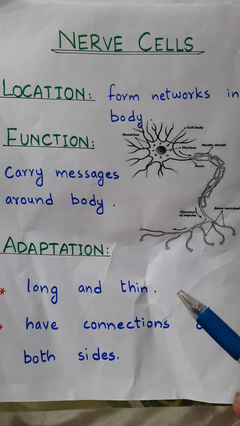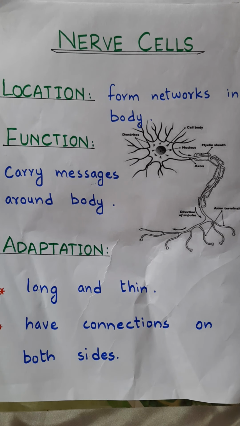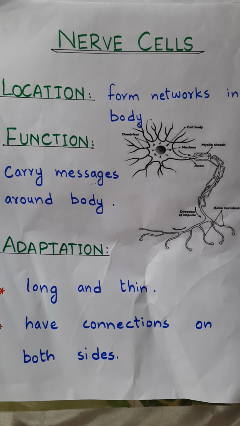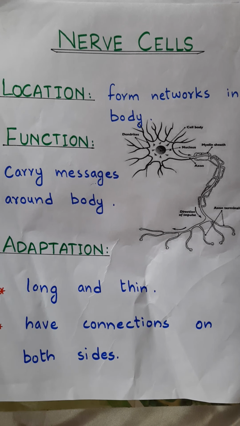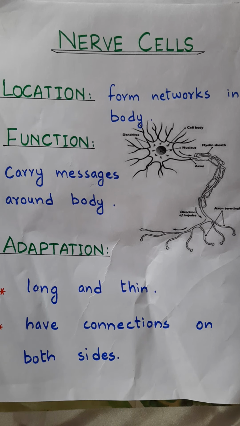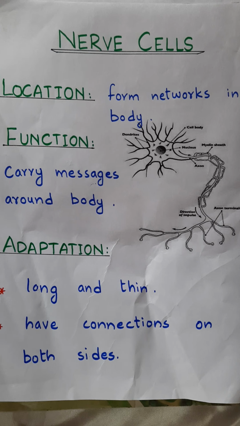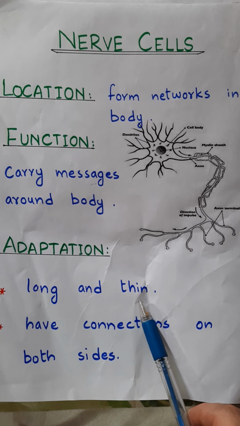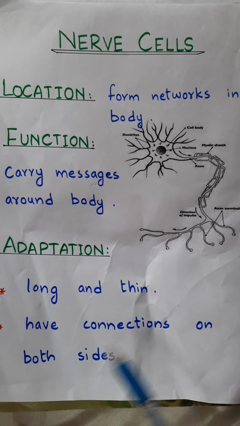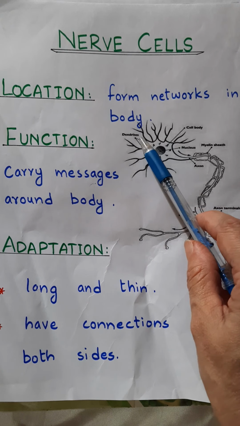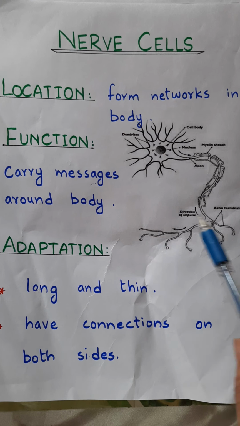Obviously to the brain, because the brain is the control center, and it then interprets these messages and tells you what type of sound you are hearing, or what type of thing you are seeing, or what type of thing you are touching, etc. Why do they do so? What is the special feature about it? They are long and thin, they form a network around your body, and also they have connections on both sides. See, these are the connections. One connection is this one, and the second one is this.